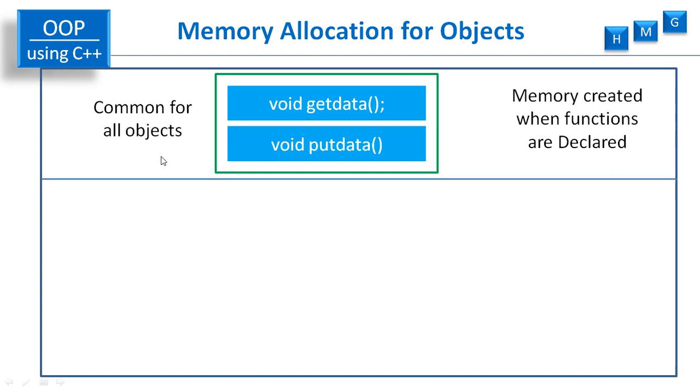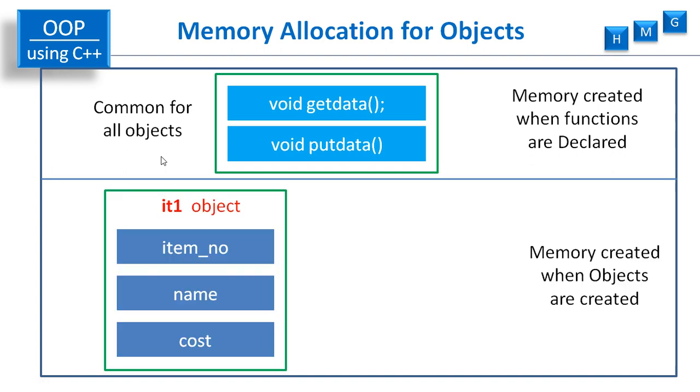Now IT1 is created. For the IT1 object the memory is allocated. Actually, when the memory is allocated for the IT1 object, it is allocated for its 3 data members or variables: item number, name and cost.